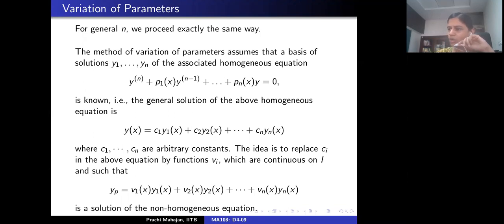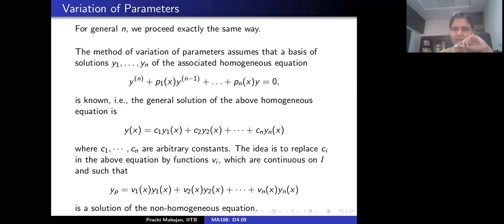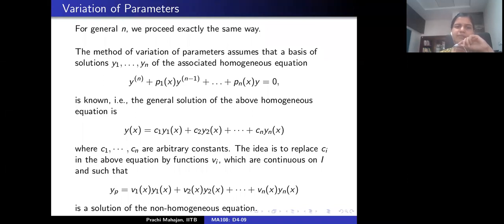Right? Now, we seek a solution of the form v1 y1 plus v2 y2 plus all the way to vn yn of the non-homogeneous equation. Now v1, v2, vn are functions of x, right? And so to begin with, we demand v1, v2, vn continuous on I, such that yp as written on this slide here is a solution of the non-homogeneous differential equation, right? Is that okay?